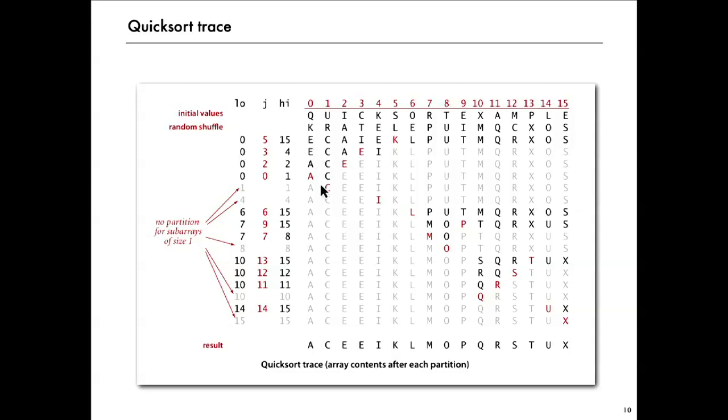And eventually we get down to small subfiles. Actually, our code doesn't do anything at all for subarrays of size 1, so we just leave those in gray. And then it does the right subfile and so forth. Again, a trace like this gives a good feeling for exactly what's going on in the recursive program.